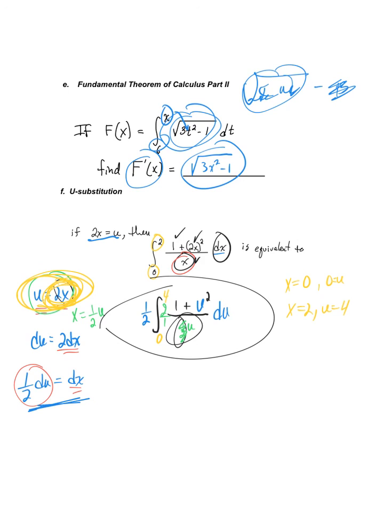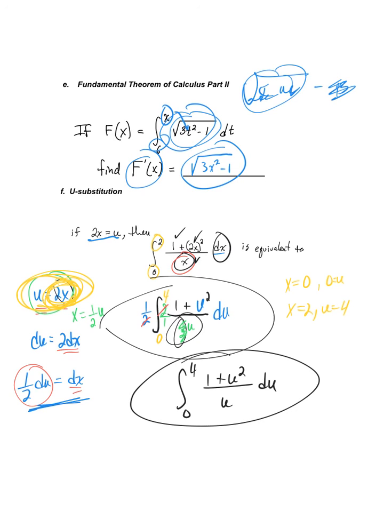So now that cleans up our integrand a lot, and actually it does a nice trick, because this 2 would then cancel this 2, and we'd have simply the integral from 0 to 4 of 1 plus u squared over u du. So, of course, if I were offering this as a multiple choice question, this would be one of the choices, and this, of course, would be the correct answer.